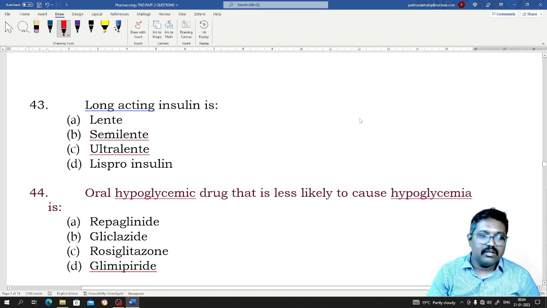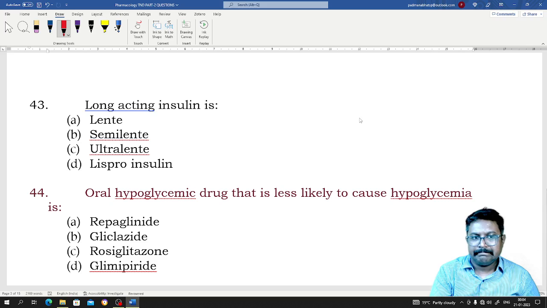So coming to the 43rd MCQ, which is the longest long-acting insulin preparation? Which is the longest acting here? The longest acting will be ultralente.